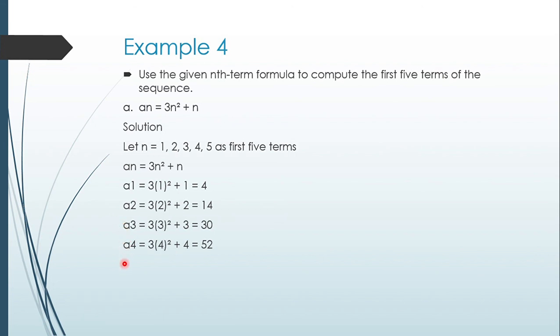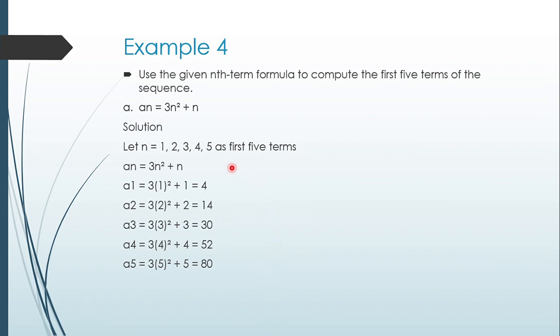Next, 3 times 4 squared plus 4 is equal to 52. Next, 3 times 5 squared plus 5 is 80. So, this is the first 5 terms of the sequence, the result.